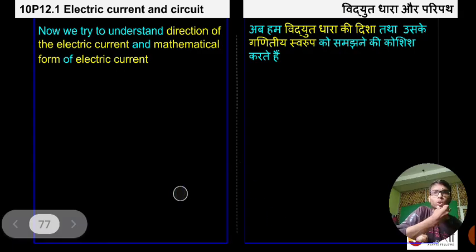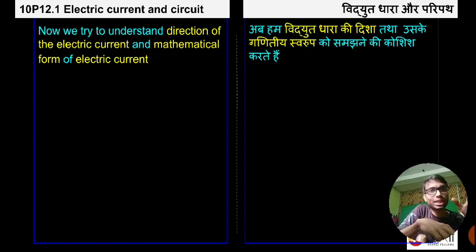Now we try to understand the direction of the electric current. It will start traveling from the negative terminal, and visually we can see that it is ending at the positive terminal. Visually we can see, but we cannot say 100% that it is ending at the positive terminal.